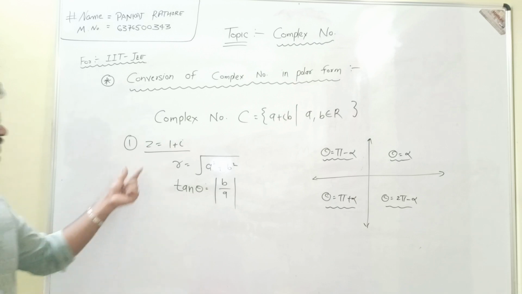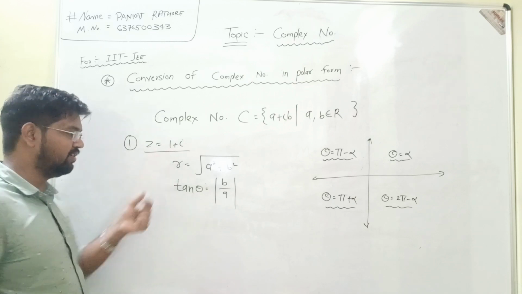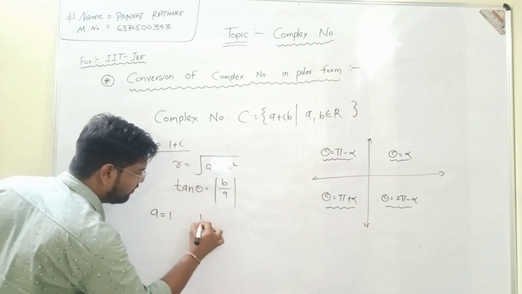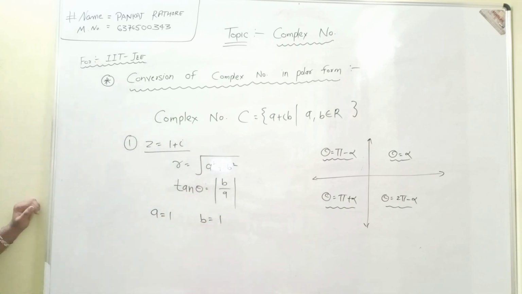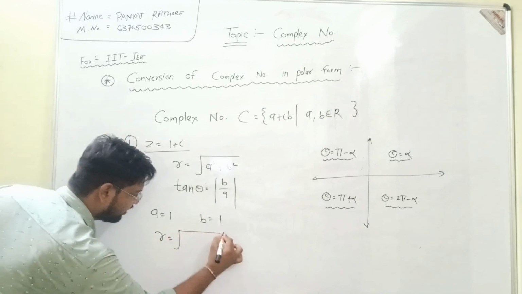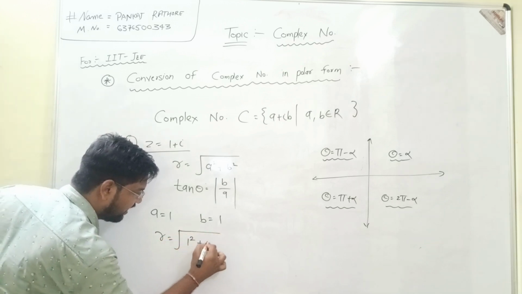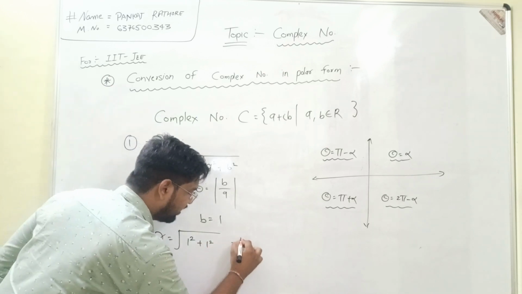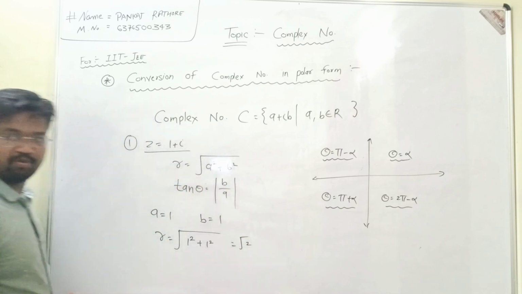So what is the value of a here? The value of a is 1 and the value of b is also 1. So what's the value for the r? R is equal to under root of 1 square plus 1 square, that's under root 2.